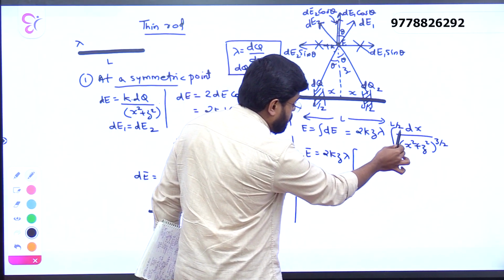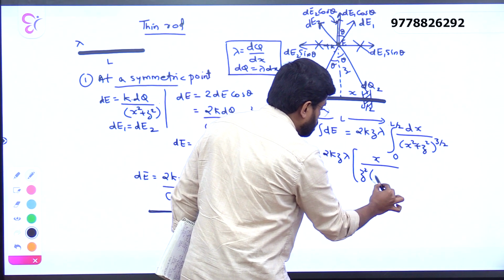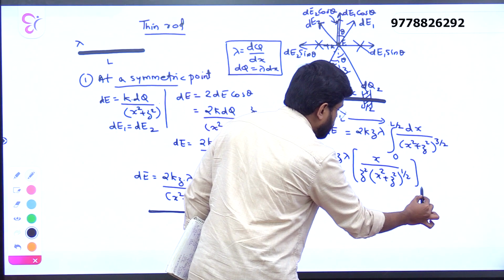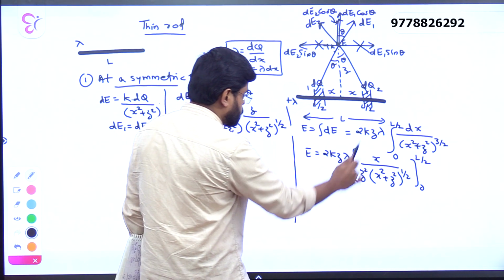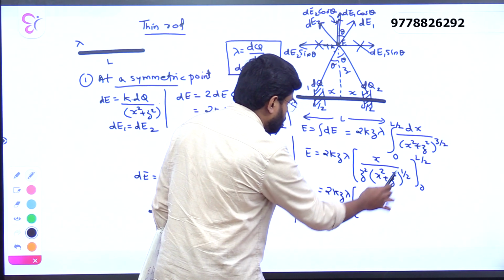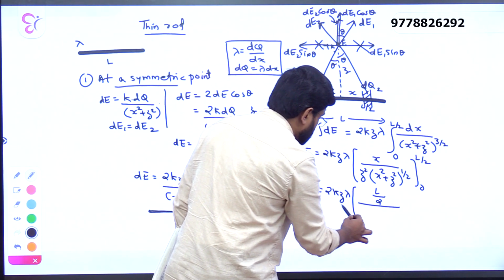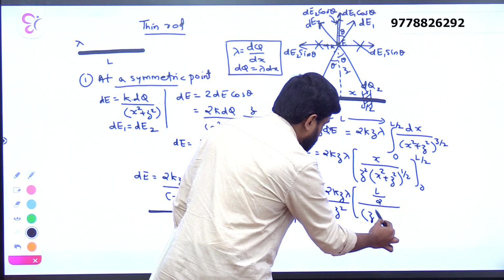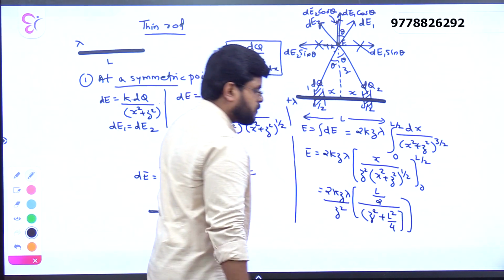So what is the value of this integral? This is x by z square into x square plus z square whole power 1 by 2, from 0 to L by 2. Just substitute the limits. It is equal to 2kz into lambda into, substitute for x, L by 2 divided by, I'm taking out this z square, z square into z square plus L square by 4.